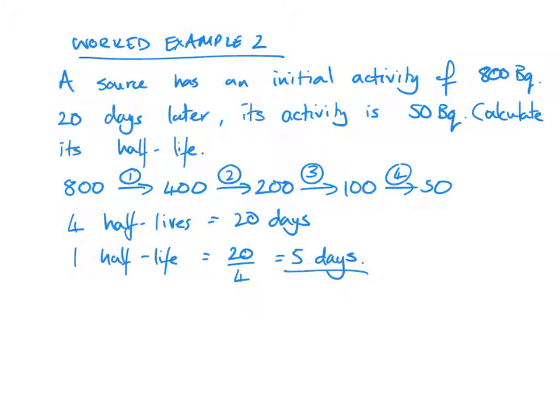If the final value didn't appear in one of these chains, so say I'd told you 20 days later its activity is 60 becquerels, and that doesn't appear in a chain, what you'd have to do is plot a graph.